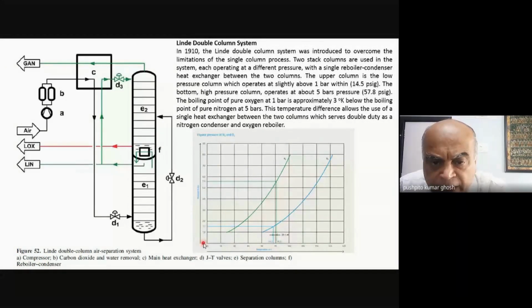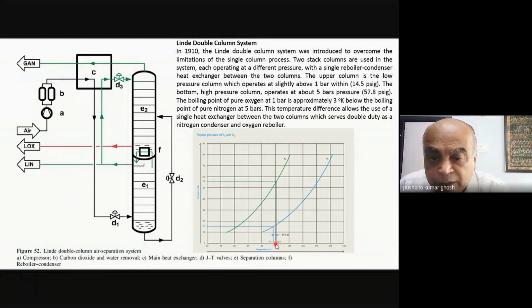So, let's say if I keep my oxygen more or less close to slightly more than 1 bar pressure, maybe 1.5 bar pressure, and at that temperature, let's say this is my boiling point, and now if I take nitrogen at, let's say, about 6 bar pressure, you can see that the corresponding boiling point over here is higher than that of oxygen.